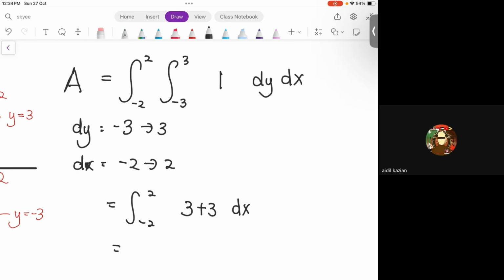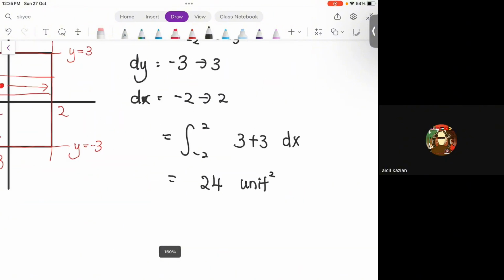So you integrate 6 from negative 2 to 2, and you get 24 unit square, representing that this is the area. Is it correct?